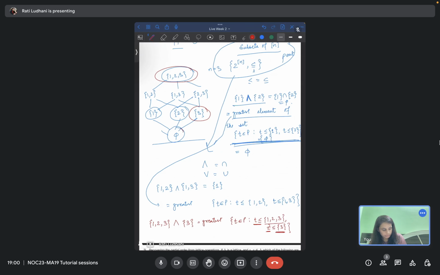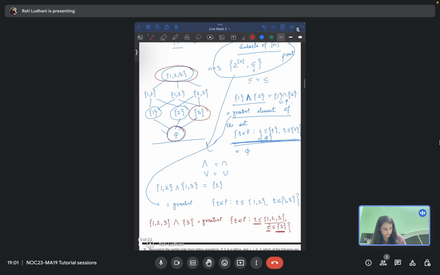Firstly you can take 5. What else can you have in this set? {3}, exactly, you have equality. So {3} is contained in {1,2,3}.